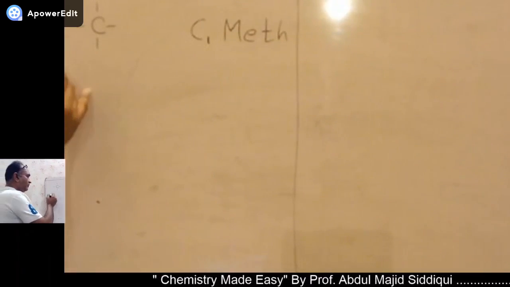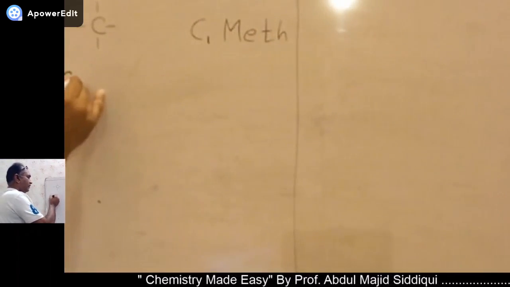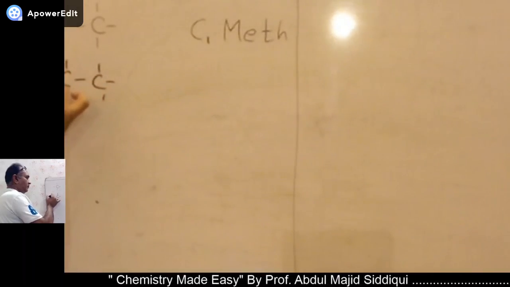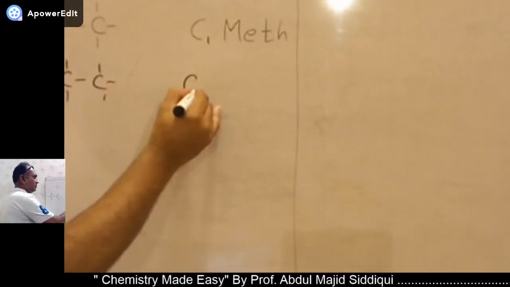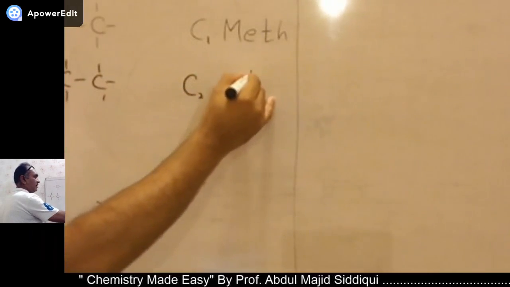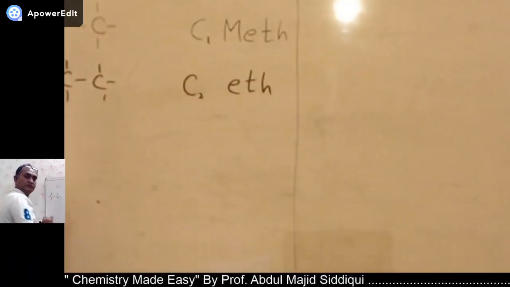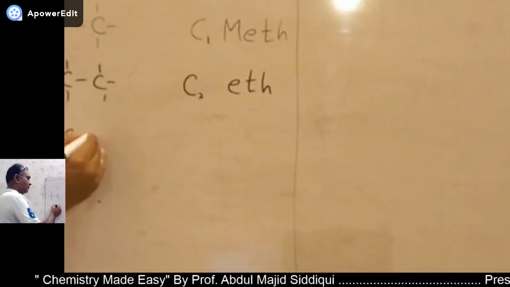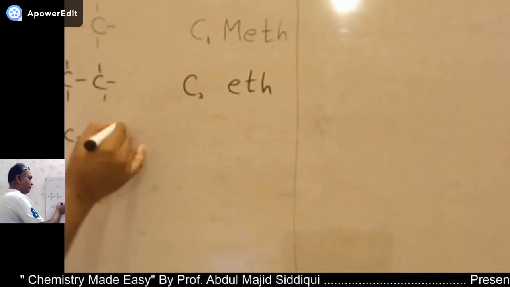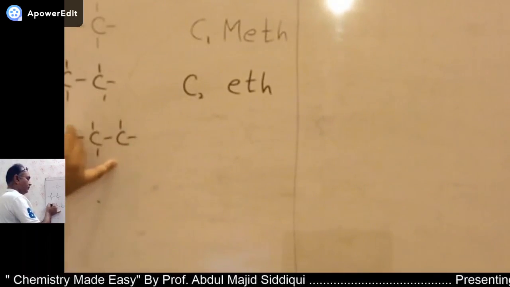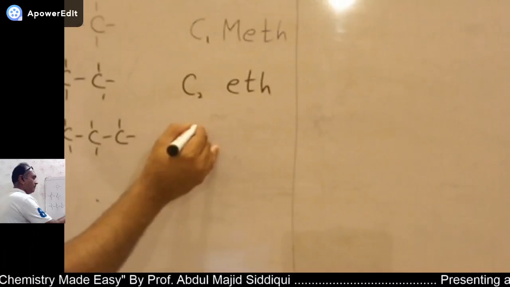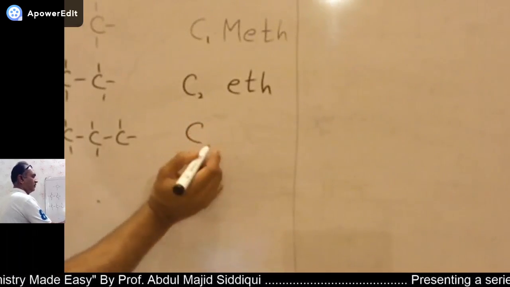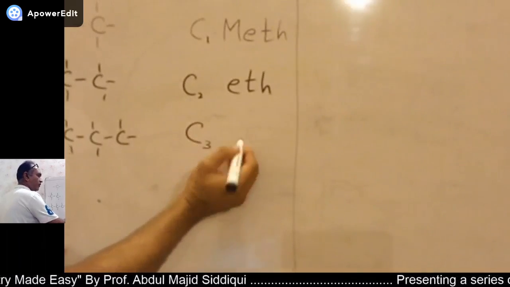If there are two carbons like this, short form is C2, we call it eth. If there are three carbons, we call it prop.